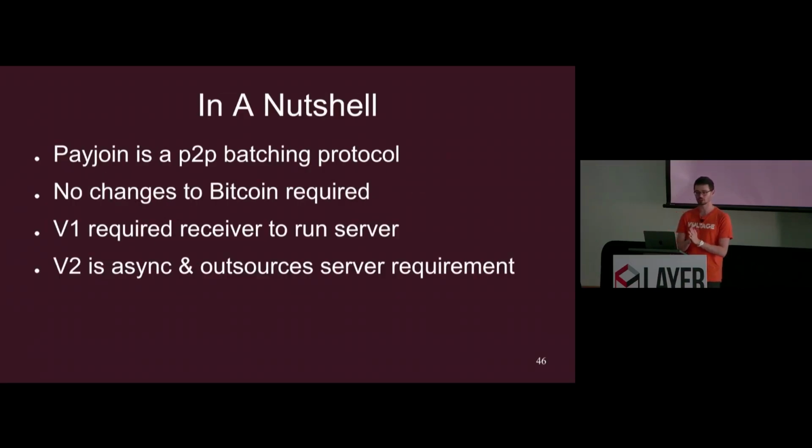So just to wrap up, in a nutshell, Payjoin is a peer-to-peer batching protocol. There are no changes to Bitcoin required. Version 1 Payjoin required a receiver to run a server, which limited the potential for adoption. Version 2 is asynchronous and outsources the server requirement to an untrusted third party, which opens up a lot of use cases for wallet developers and improves the UX and lowers the interactivity of the protocol.